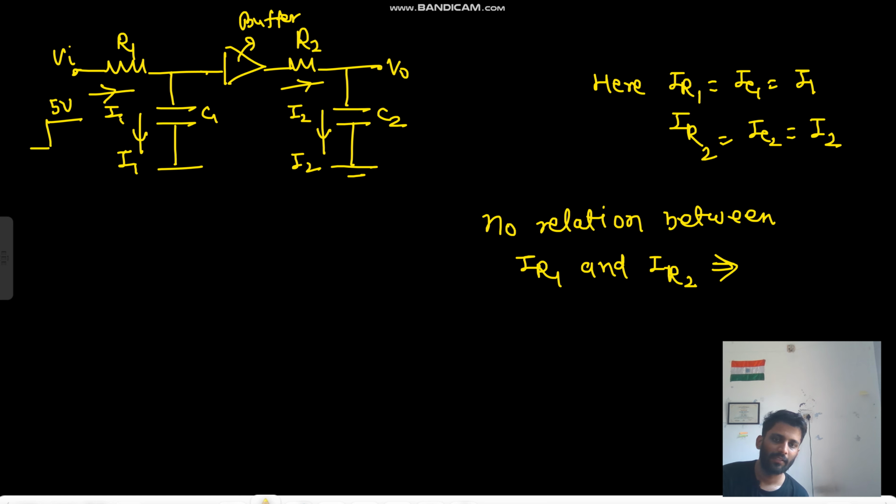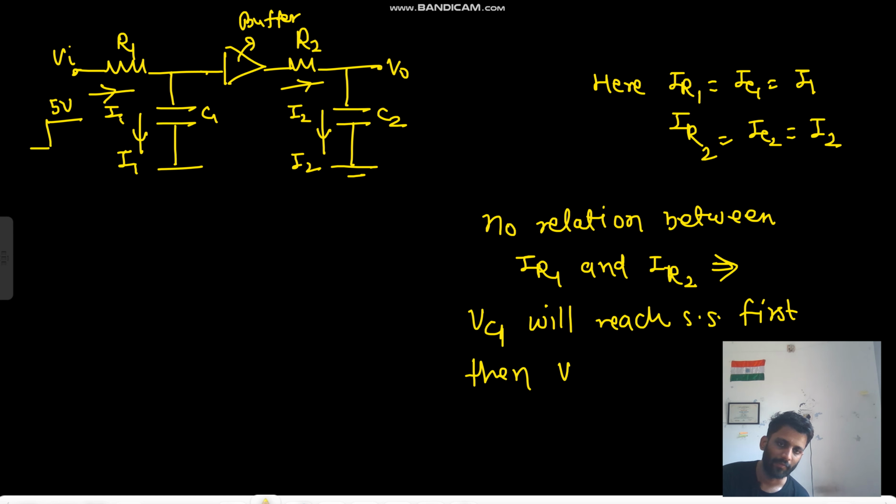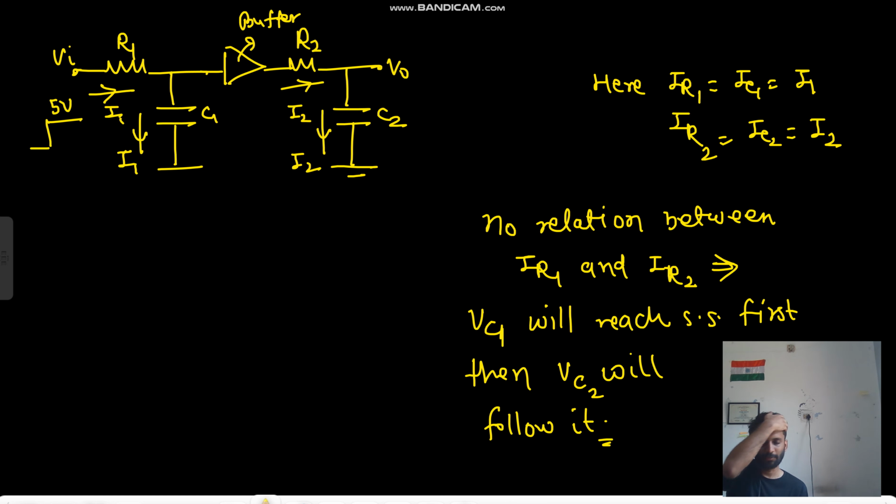That means VC1 will reach steady state first, then VC2 will follow it. And which graph will be exponential and which will not, I have already explained, right? So VC1 will be exponential and VC2 will not be exponential. So that I have also explained.